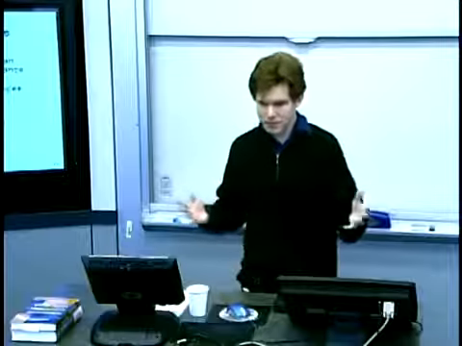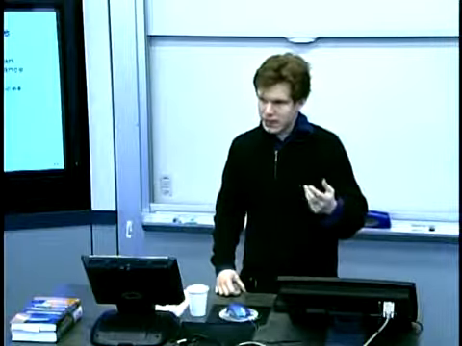So we're comparing two variances, and that means that what we're interested in doing is an F-test. So we're asking ourselves, how big is the chance that if the null hypothesis were true, we would observe these two variances?